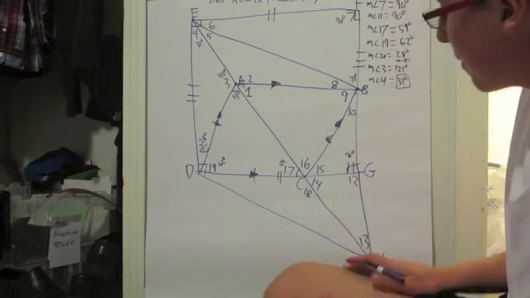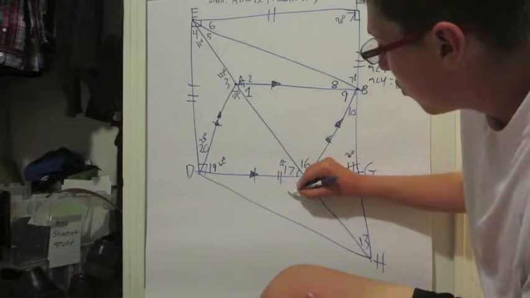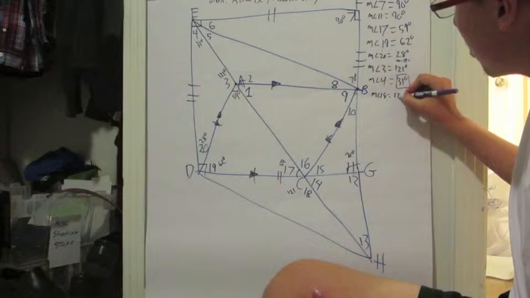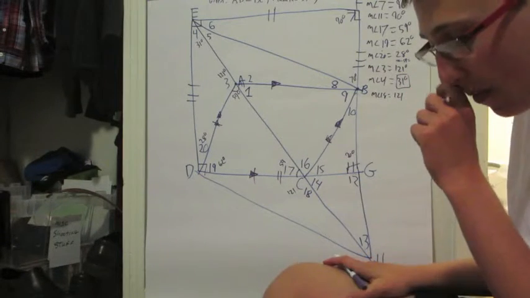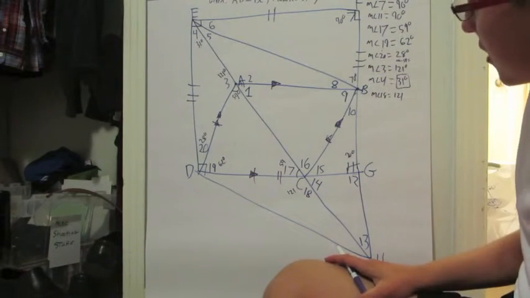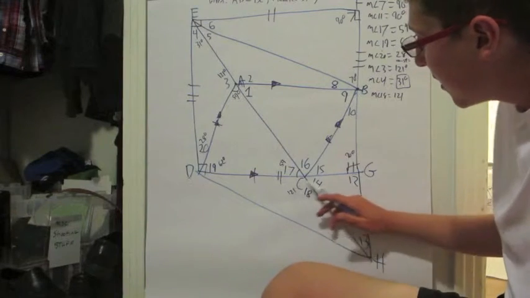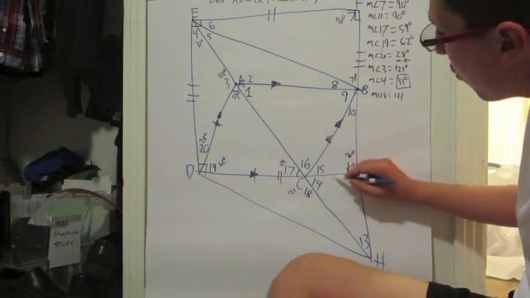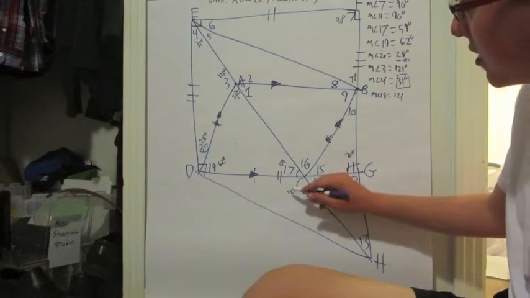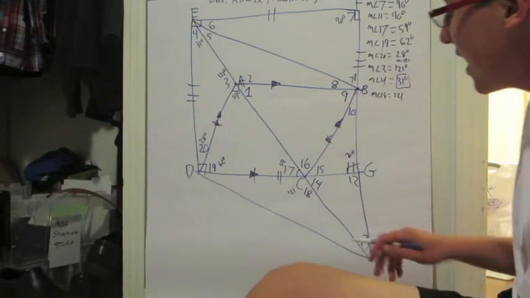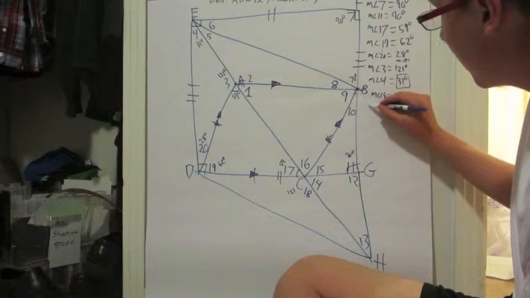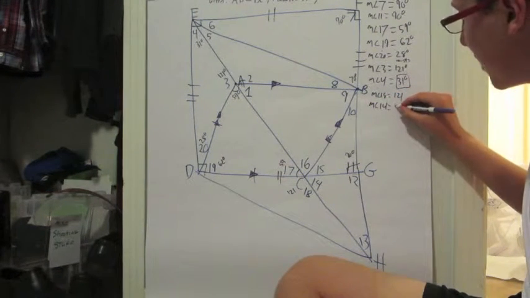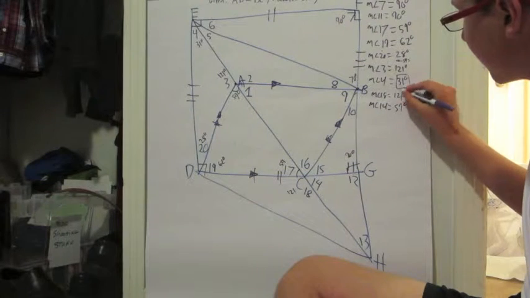So the measure of angle 18 is 121 because of the straight line property. The next one that we figure out is 14, because we already know that the straight line is 180. So if we take 180 and subtract the 121, we'd figure out the measure of 14, which is 59 degrees.